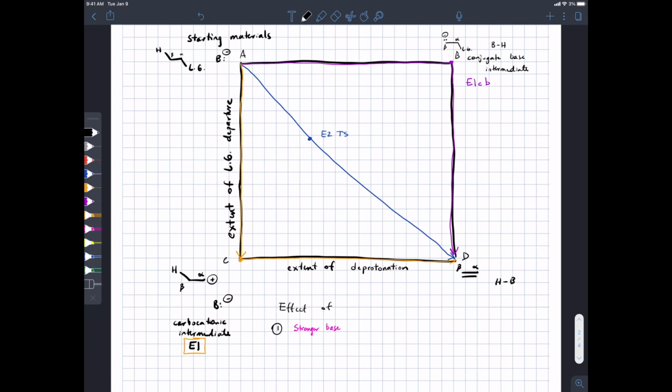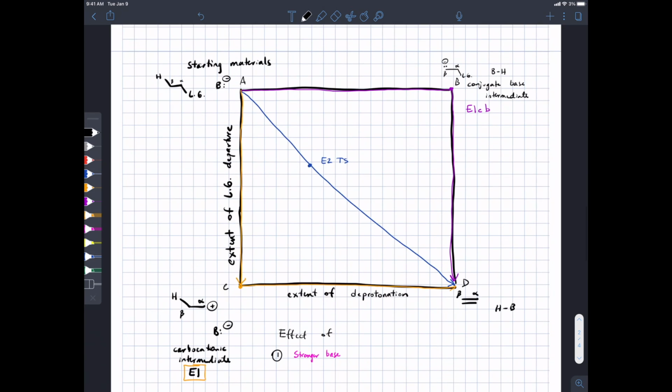All right, so take a look at that. If I make the base stronger, which corners will be affected and in what way?